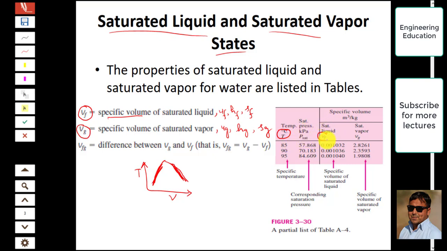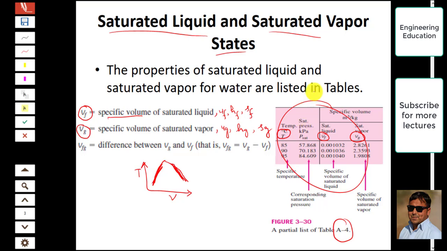So this is the value of saturated liquid specific volume, and this is the saturated vapor specific volume. This is the temperature and this is the saturation pressure respectively. This is a part of the steam table extracted from table A-4.